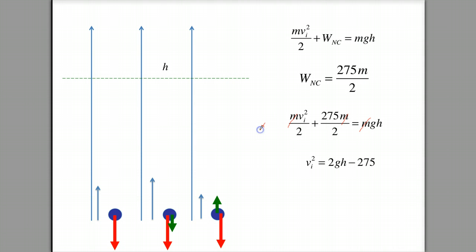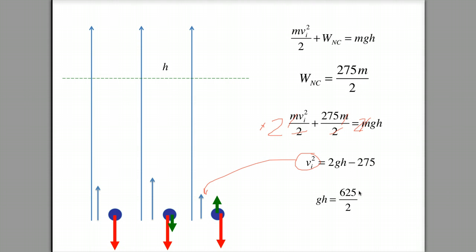That takes care of the denominators on the right and makes 2gh over here. So then v initial squared is going to be 2gh minus 275. 2gh, remember I told you I'm going to use later on. gh by itself is 625 over 2.